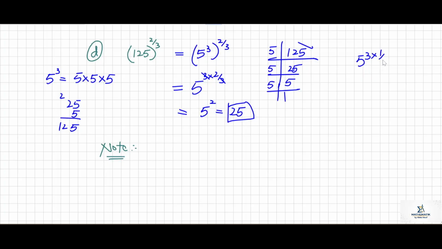It's like I'm using a cube root. So 3 will cancel and 5 raised to 2 gives 25. Similarly you can use the other way too, but it will get lengthy, that's why I'm not using it now.